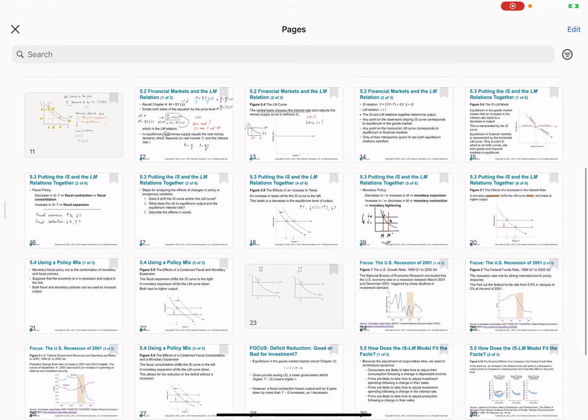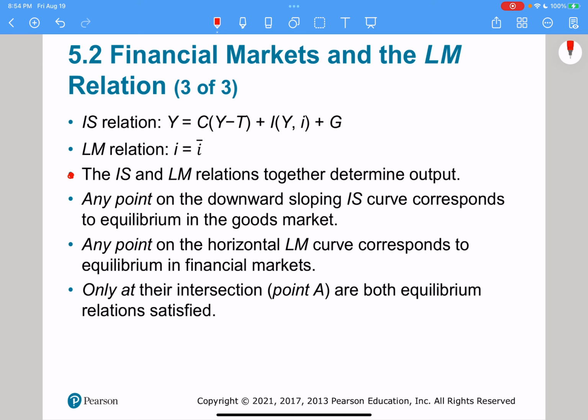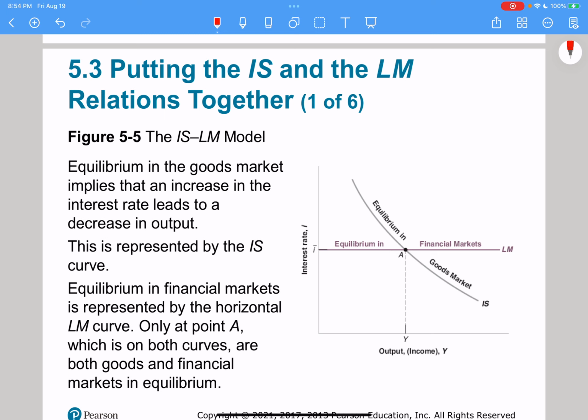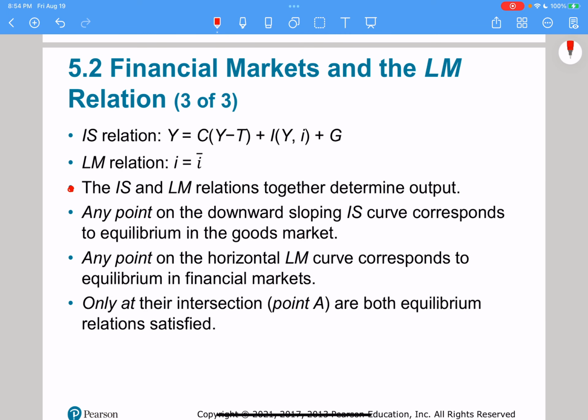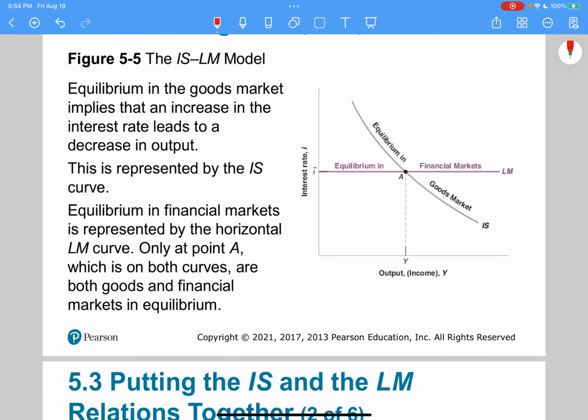So when we have the IS curve, any point along the curve represents the equilibrium in the goods market. Any point in the LM curve is going to represent the equilibrium in the financial markets. It's the same thing. Only at the intersection, which is the point A here, only at this intersection, both are in equilibrium at the same time. So let's say that we have this point here. What happens here?